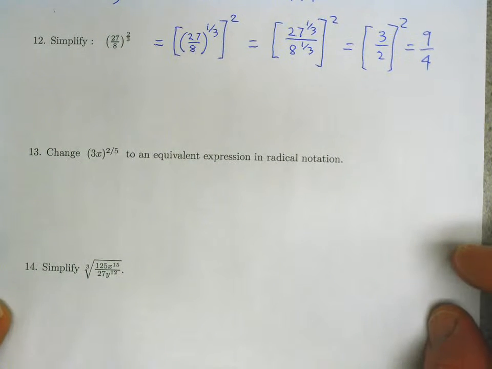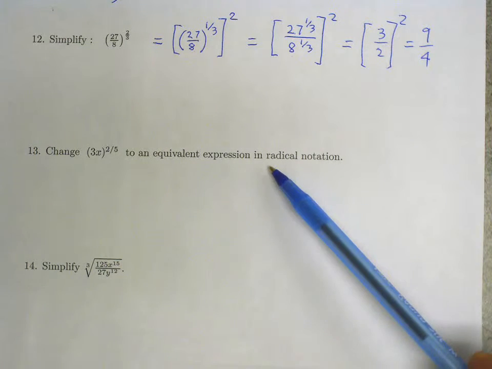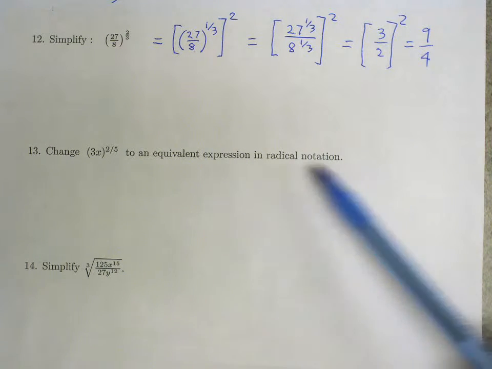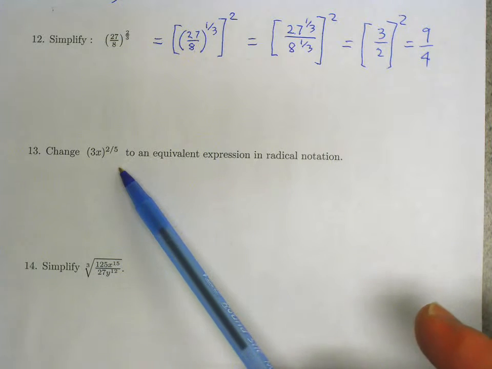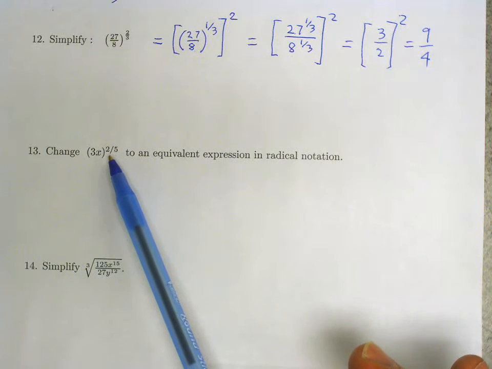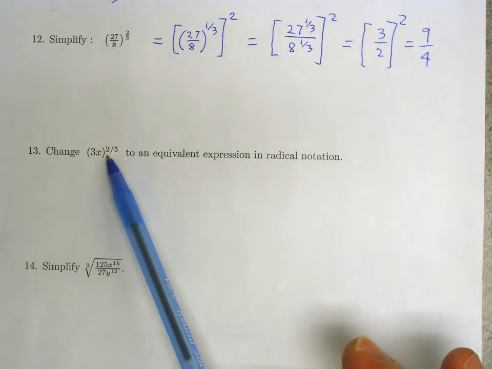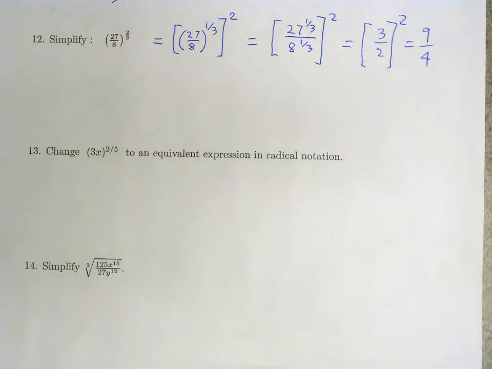Okay, the next problem, number 13: change the term 3x to the exponent 2/5 to an equivalent expression in radical notation. So remember, a radical has an index. If you start out with something with a fraction as an exponent, the denominator of the exponent is the index of the radical.